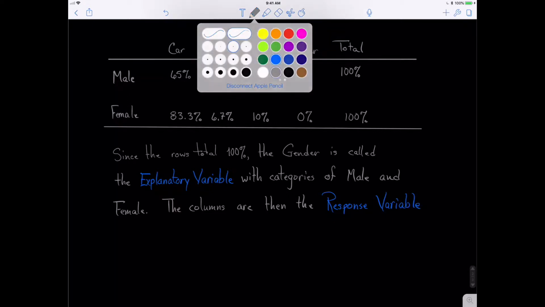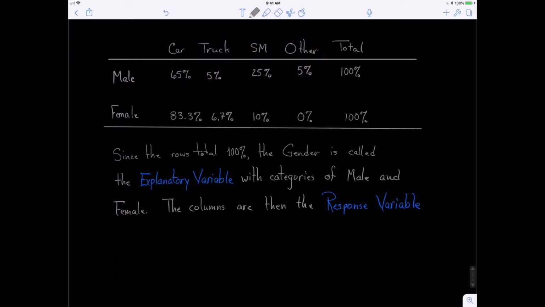The columns are then the response variable of transportation with categories of car, truck, SUV, and minivan.